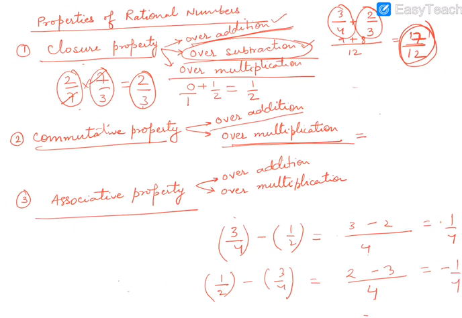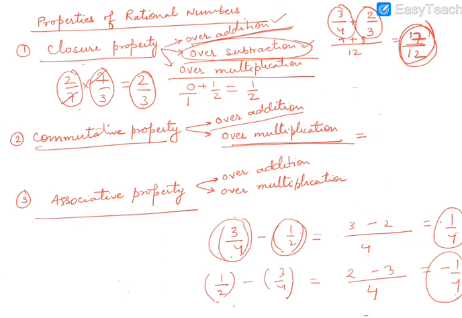So in the subtraction I have got 1 by 4. When I have changed their sequence, 1 by 2 written first and 3 by 4 last, you can see that the answer is negative. Answer is same but in negative. So we can say that both the answers are not same. So in the case of subtraction, when we change the sequence, it doesn't give us the same answer, so that's why it does not follow the commutative property.